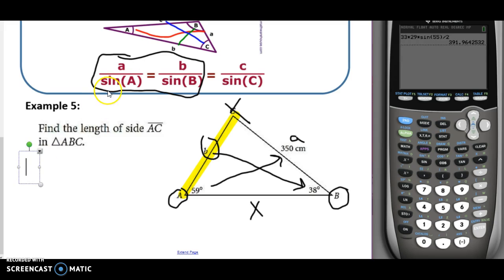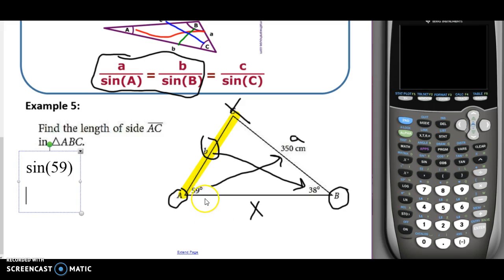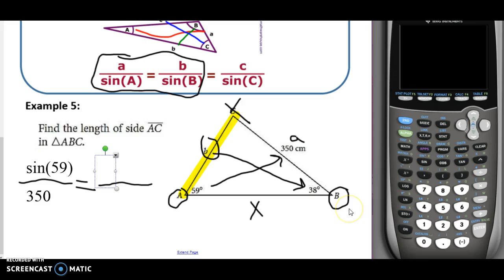Alright, so starting off with my formula, I'm going to do sine of my angle A, which is 59. And then underneath that, I'm going to put the side length, little a, which is 350. Equals, my next fraction is going to be angle B's information.